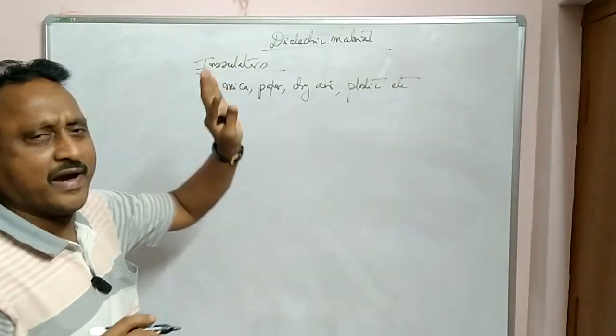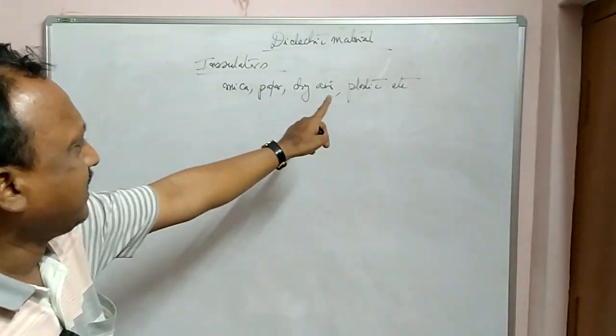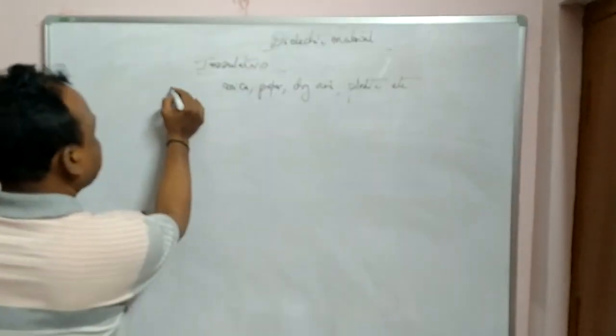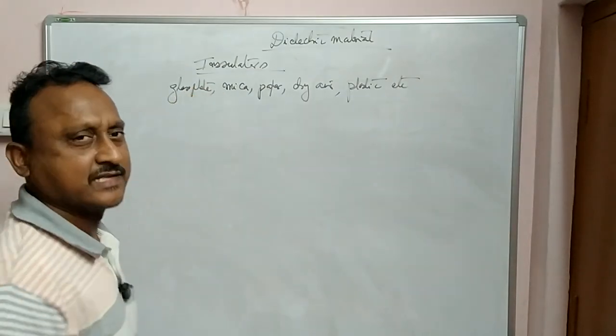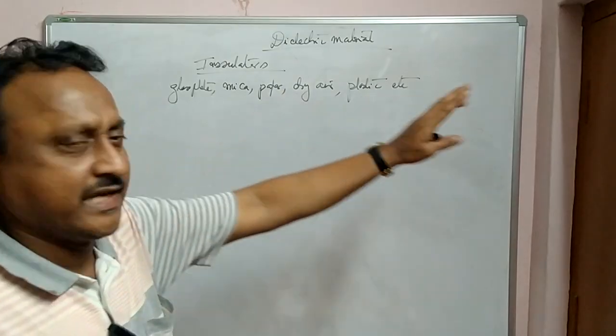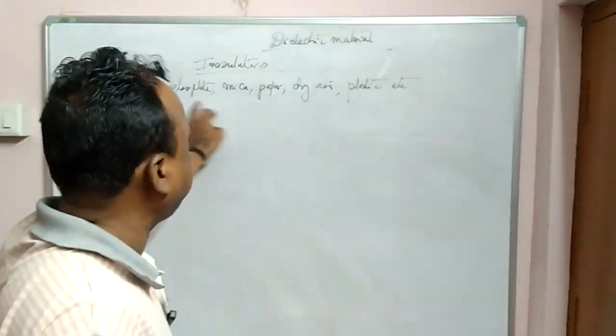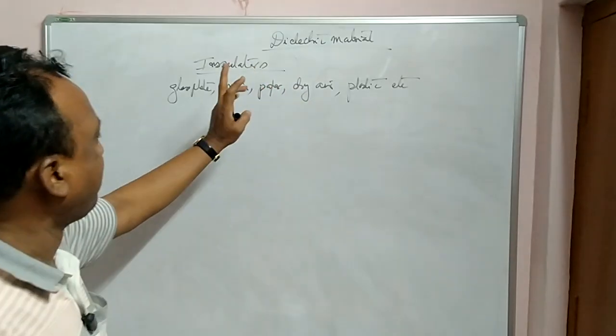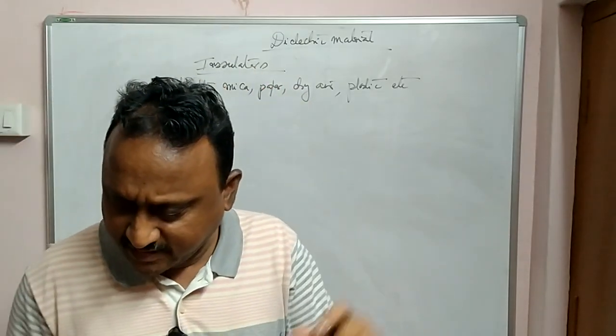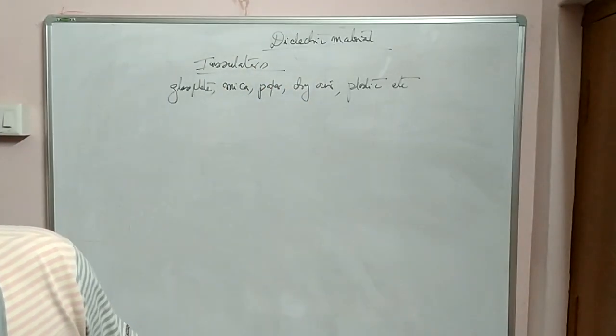Mostly mica or paper, and of course sometimes a glass plate is also taken as a dielectric material. The dielectric constant, the K value, varies with the material. Plastic, dry air, paper, mica, glass plate. So these are some examples of dielectrics.